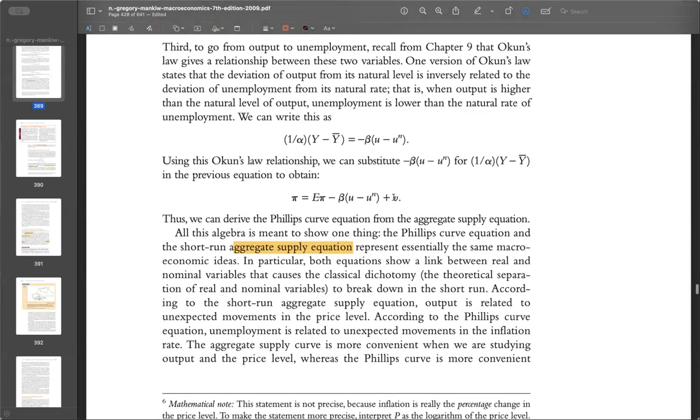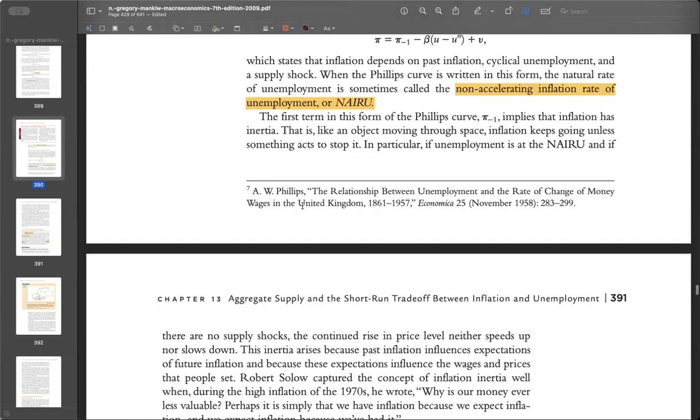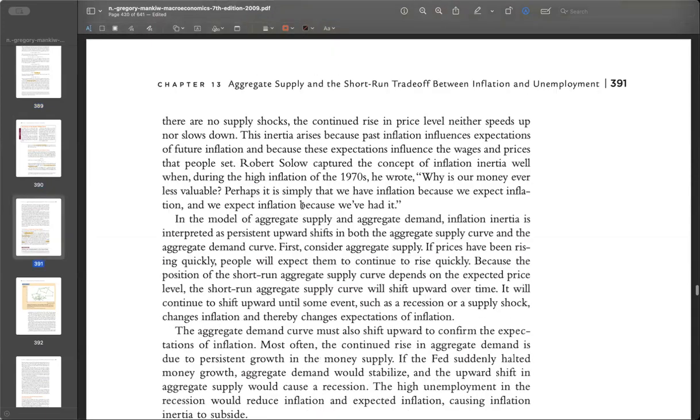And same thing, of course, with this supply shock. The supply shock basically shifts the Phillips curve or the aggregate supply curve up or down if it's a good or lower a good cost shock.